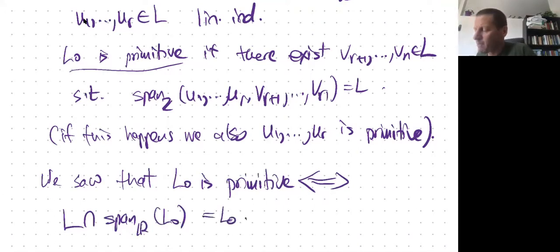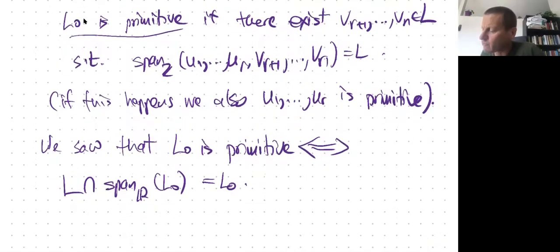So definitely L0 is contained in this span, but in principle it might be bigger, but this is a necessary and sufficient condition for being primitive. This is from lecture 1.